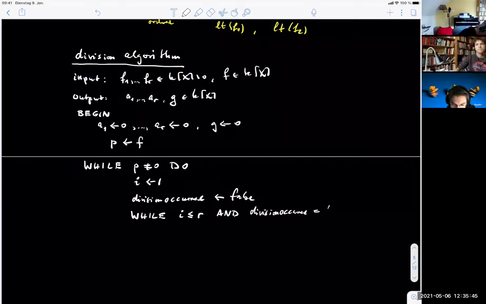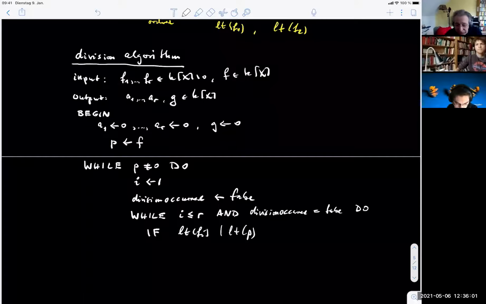I do the following. I check whether the leading term of Fi divides the leading term of P. At the very beginning of the algorithm, P is F. So I check whether the leading term of Fi divides the leading term of F.